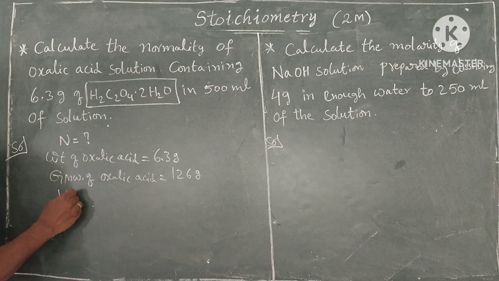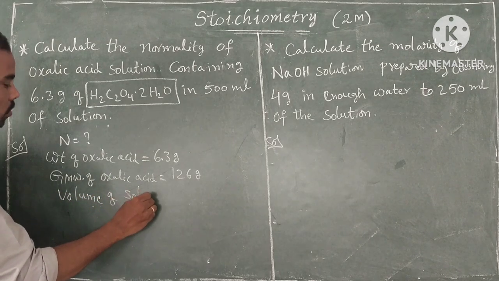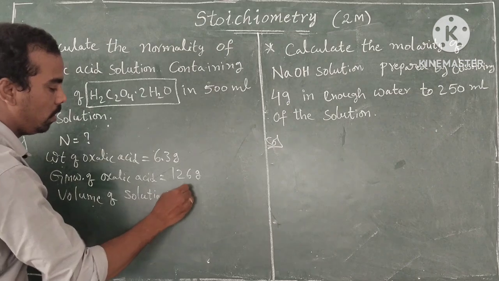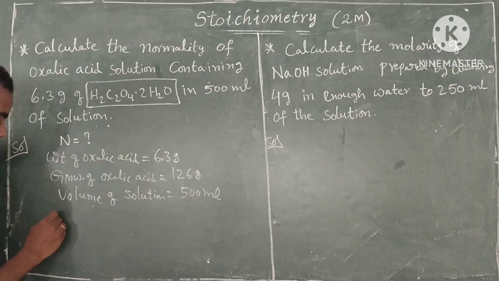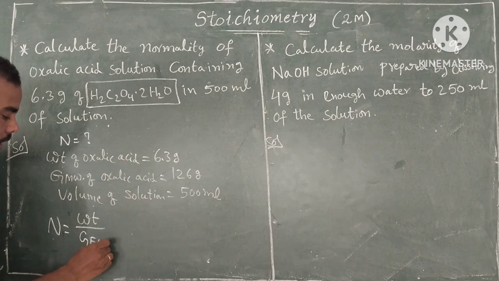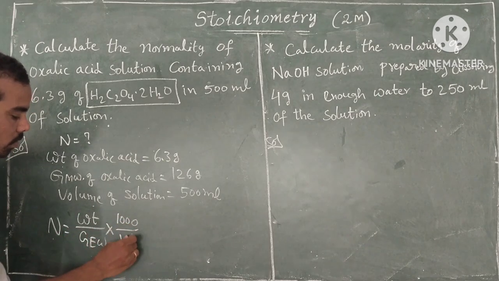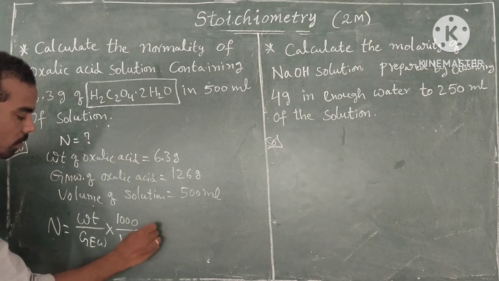Next, what volume is given? The volume of solution is 500 ml. So then the normality formula: normality is equal to weight of solute by gram equivalent weight of solute into 1000 by volume of solution in milliliters. It is the formula. So weight given is 6.3 for oxalic acid.